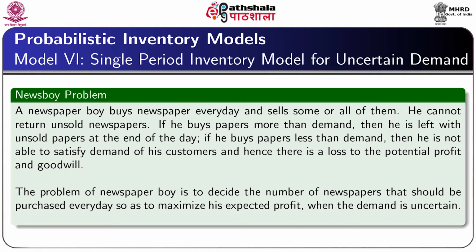If he buys fewer papers than demand, then he is not able to satisfy the demand of his customers, and hence a loss of potential profit and goodwill will occur. The problem of the newspaper boy is to decide the number of newspapers that should be purchased every day, so that he can maximize his expected profit when the demand is uncertain.